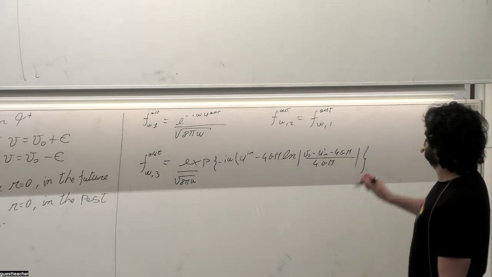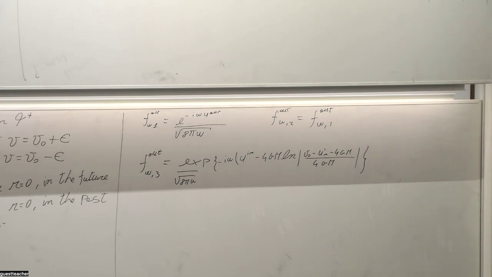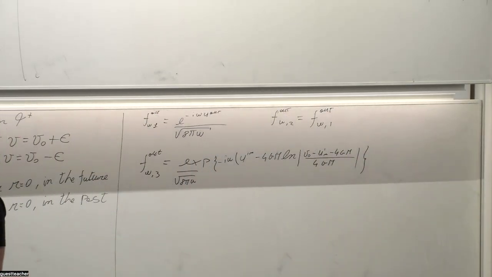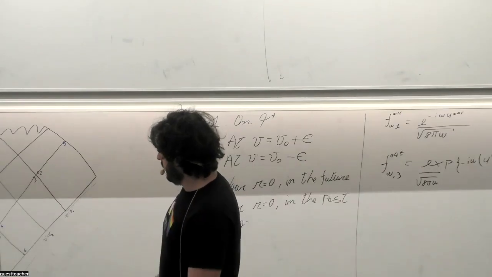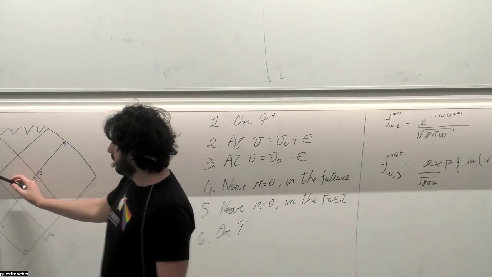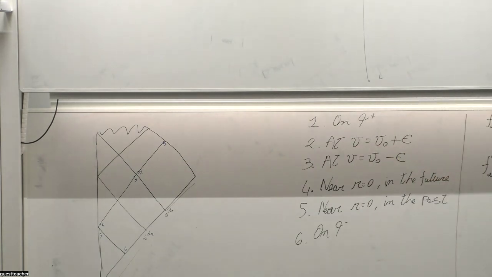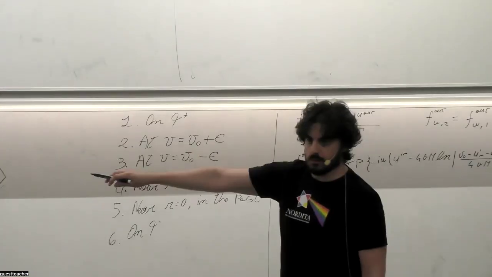Let me also mention that from this relation here, we can actually find the value of v horizon. Because v horizon is this point in the Minkowski region, and at that point r is equal to 0.